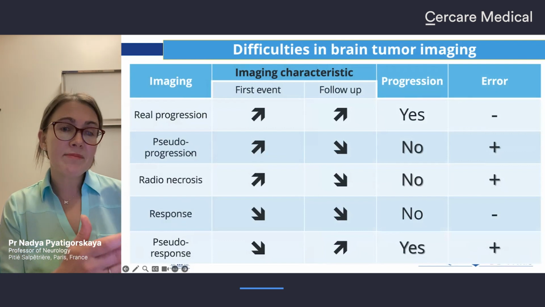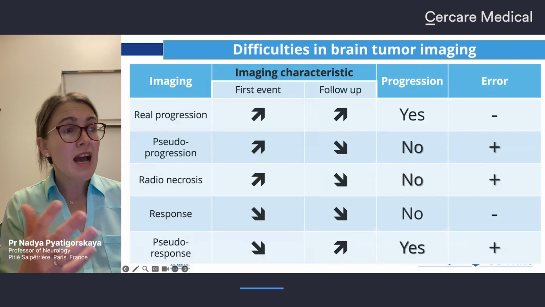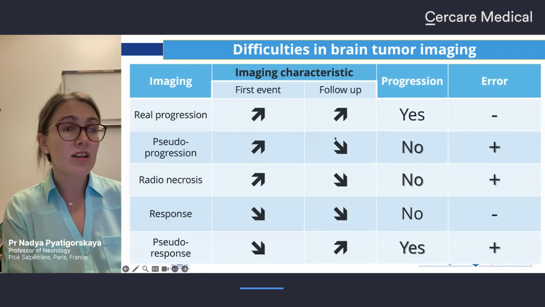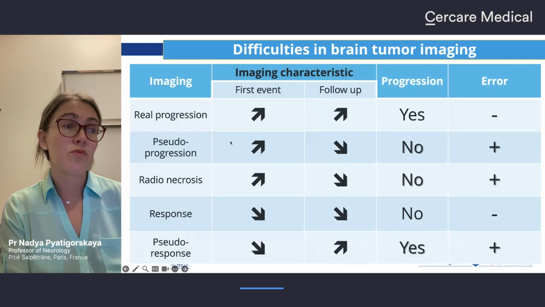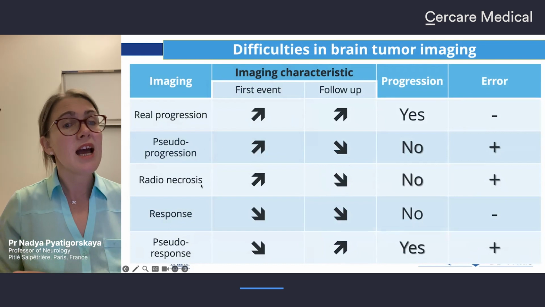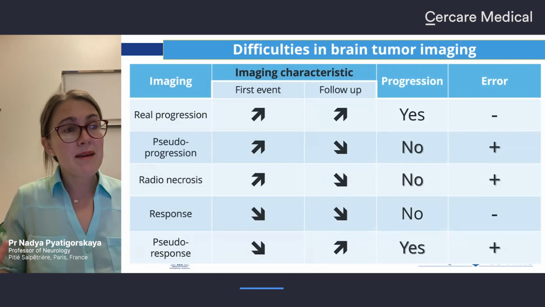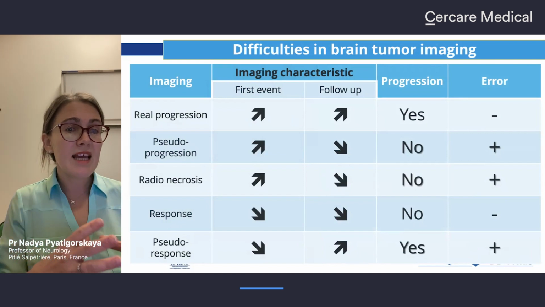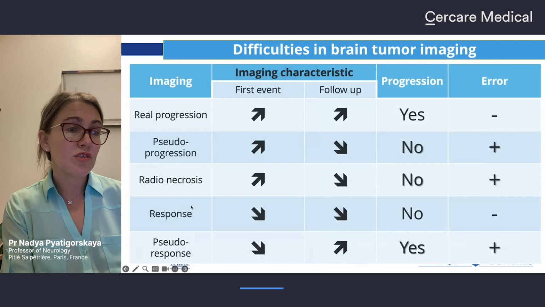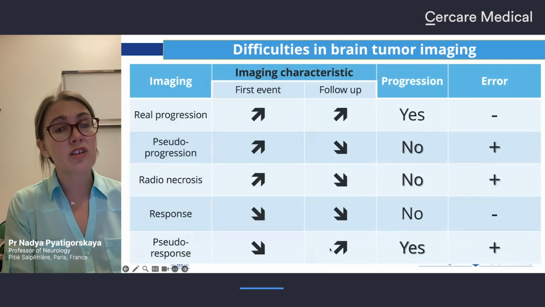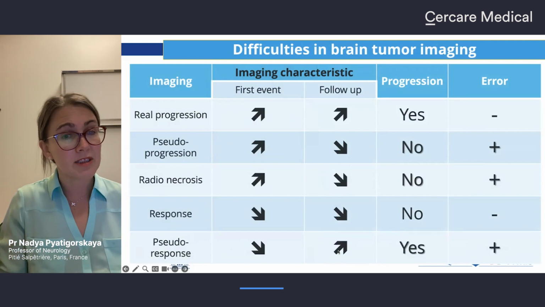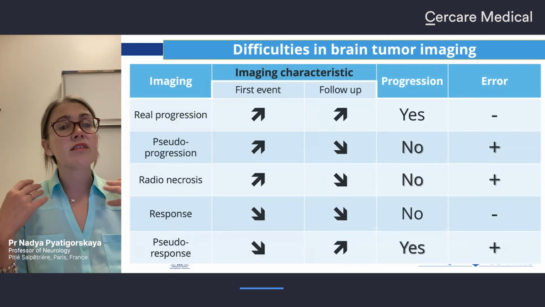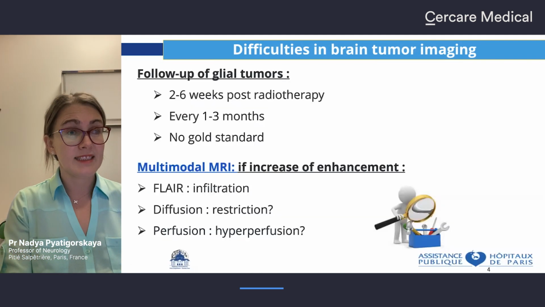But we can sometimes see an increase of the tumor and think it's progression, but finally, on the follow-up, it decreases, and it was pseudoprogression or radionecrosis. Then we were wrong, and maybe we changed the treatment when we were not supposed to. Or the same, we think the tumor is regressing, and actually it increases because it was a pseudo-response. So the idea is to go deeper into imaging in order not to make these mistakes.